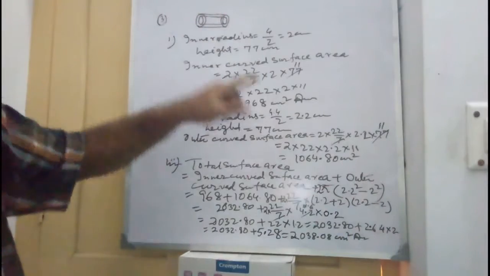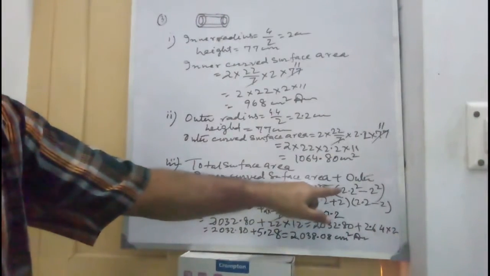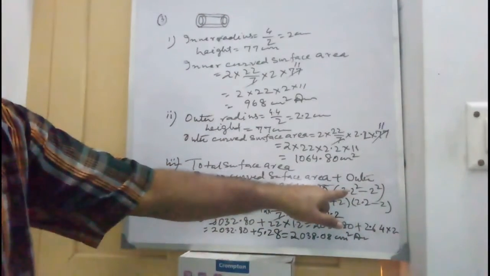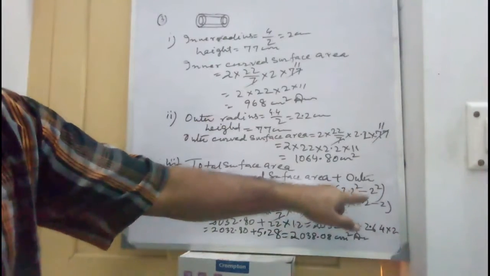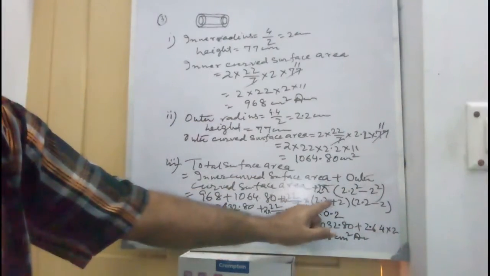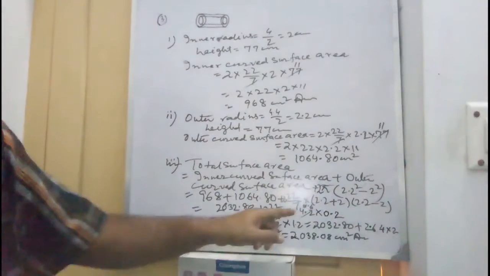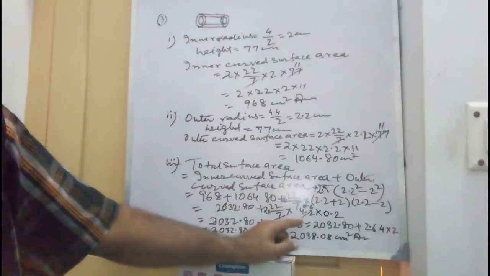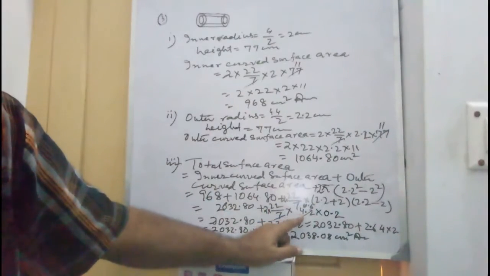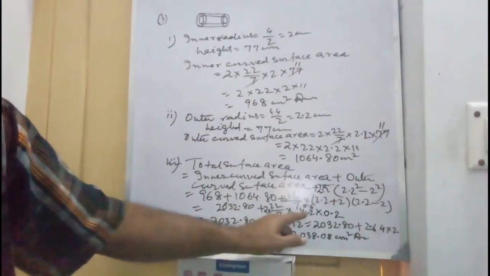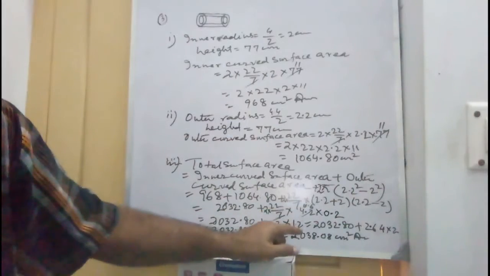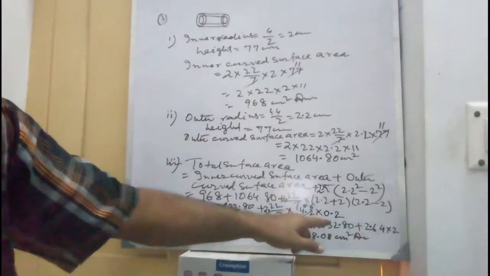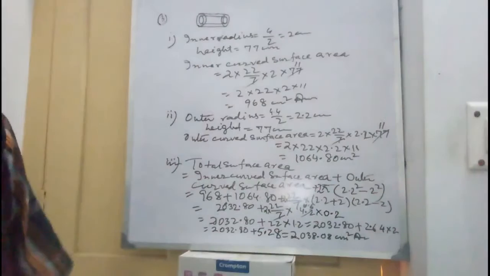So two rings are there, so 2 pi (2.2 square minus 2 square). This is a square minus b square, which is equal to (a plus b)(a minus b). So add 2.2 with 2, that is equal to 4.2. Divide 4.2 by 7, 0.6. Now subtract these two, which is equal to 0.2.